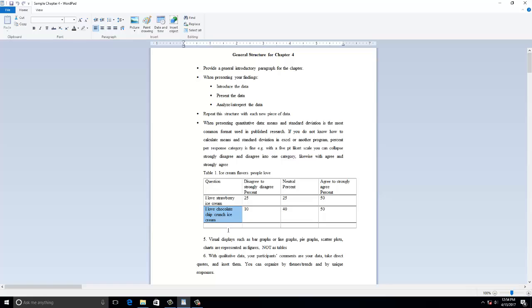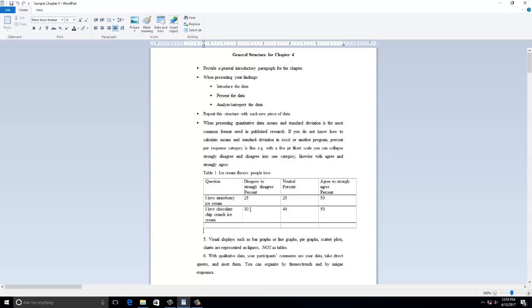So if you ask the question, I love chocolate chip crunch ice cream, and you have 10% who disagree or strongly disagree, you need to write it up just exactly as that. 10% of my respondents or my participants disagree or strongly disagree with the statement, I love chocolate chip crunch ice cream.